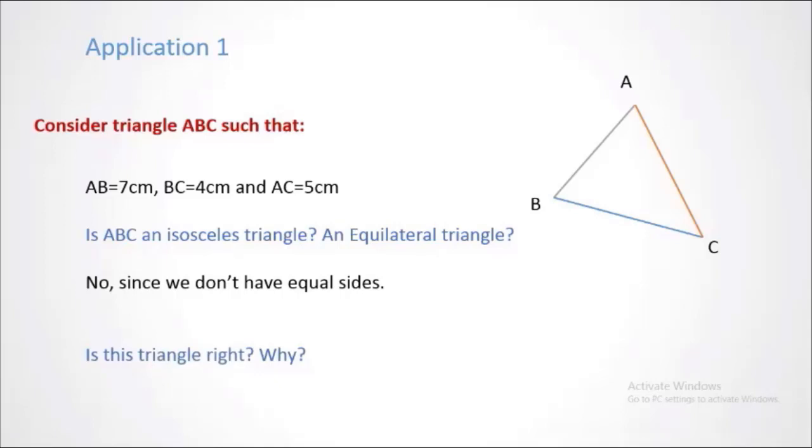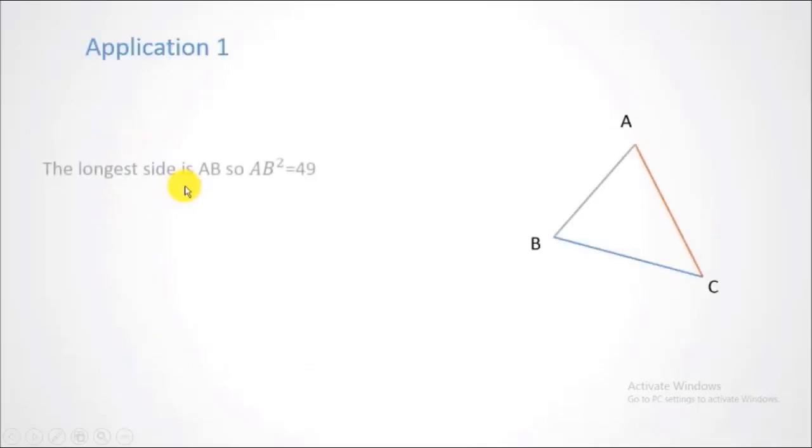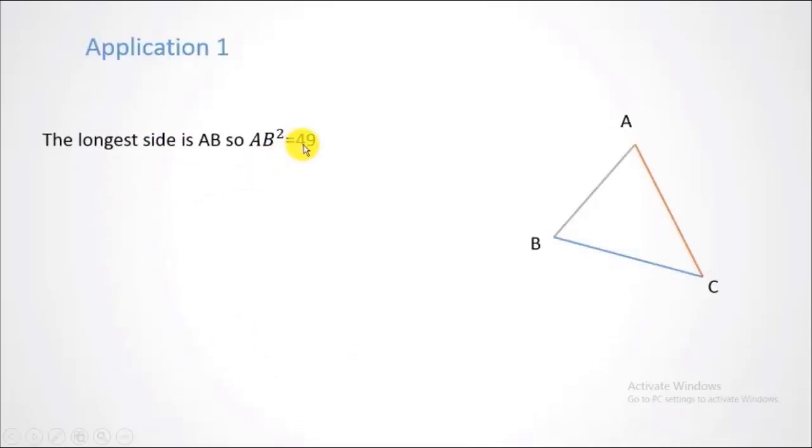Is this triangle right? And why? How do we check if this triangle is right or not? We can use the converse of Pythagoras theorem. The longest side here is AB, which is 7 cm. Let's find AB squared. AB squared is equal to 49.